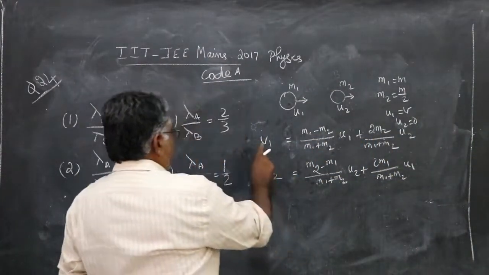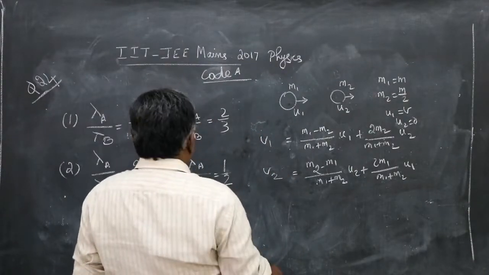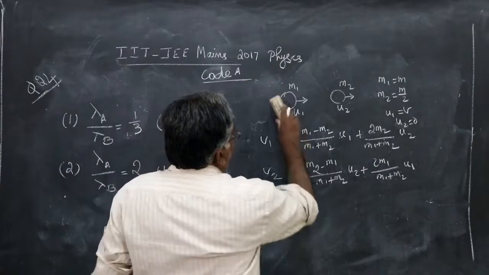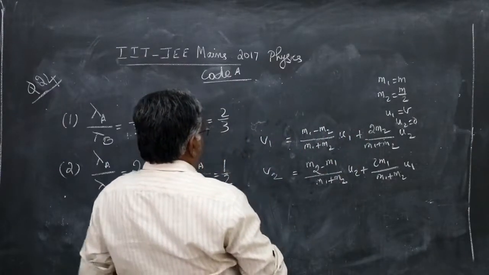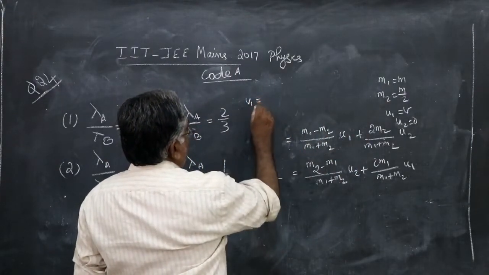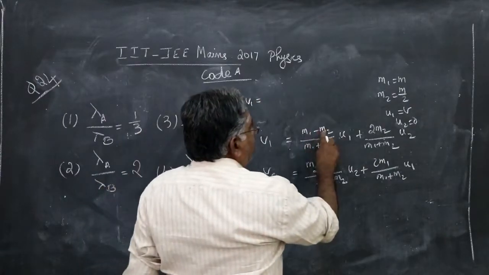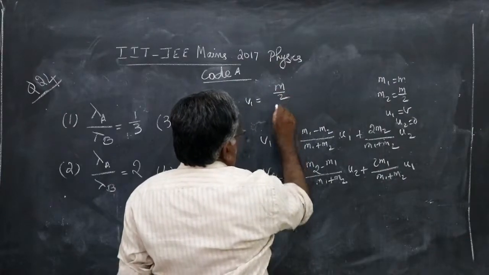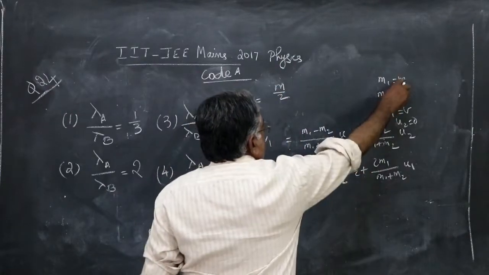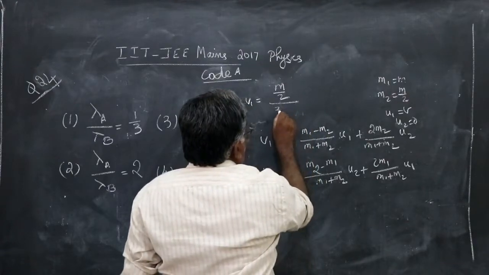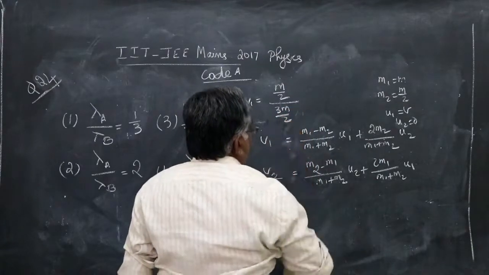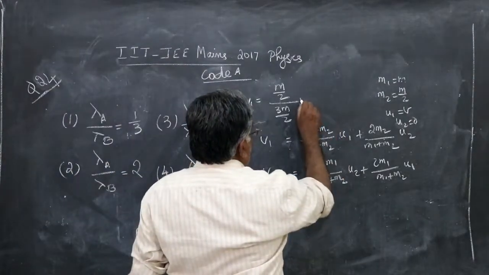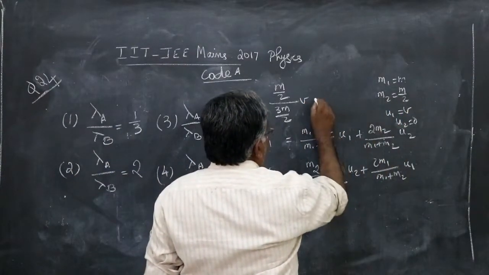First we will see how to find v1. I think I can remove this diagram. v1 is equal to (m1 minus m2), m minus m by 2, so m by 2, over (m1 plus m2), m plus m by 2, so 3m by 2. u1 is v, u2 is 0, so you forget this.